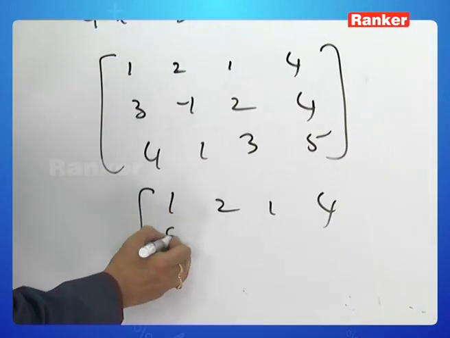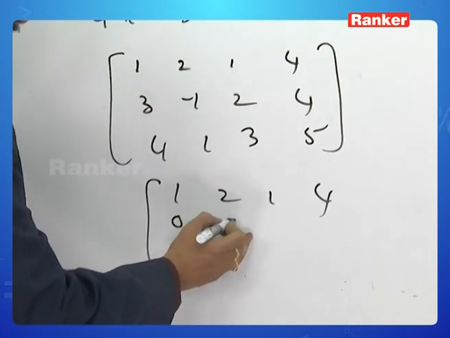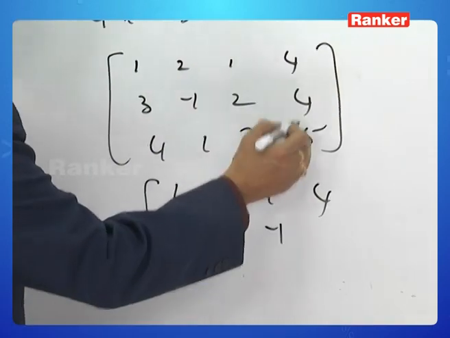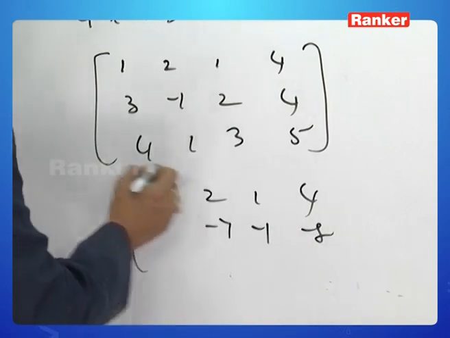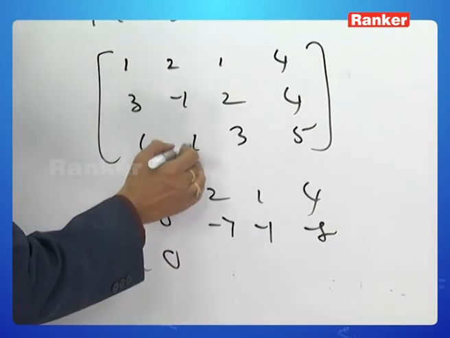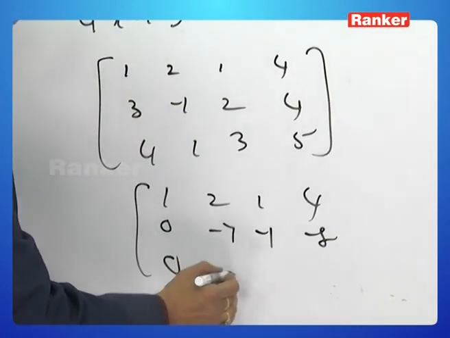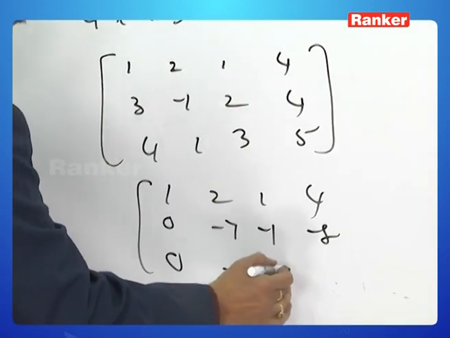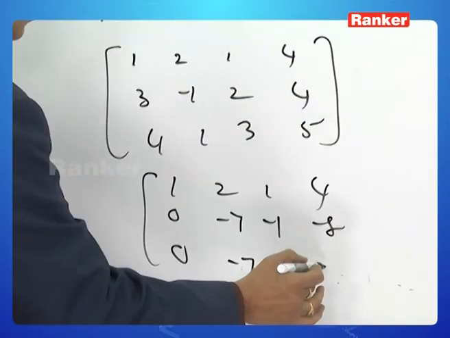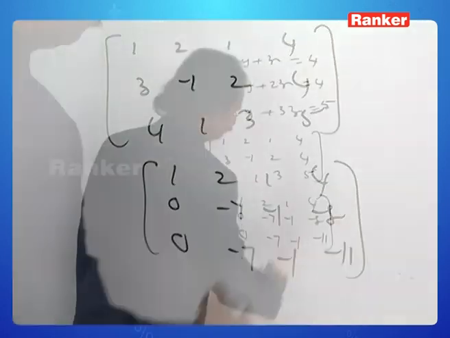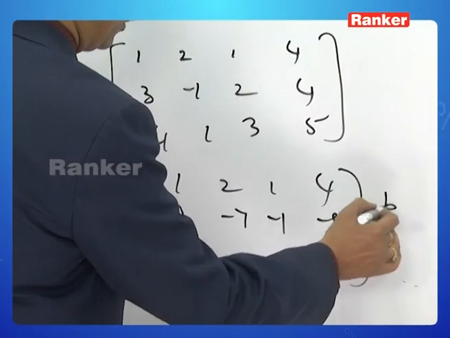3 minus 3, 0, minus 1 minus 6, minus 7, 2 minus 3, minus 1, 4 minus 12, minus 8; 4 minus 4, 0, 1 minus 8, minus 7, 3 minus 4, minus 1, 5 minus 16, minus 11. How could you get this step?